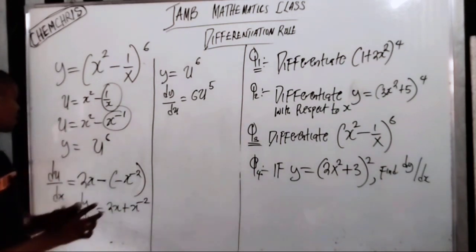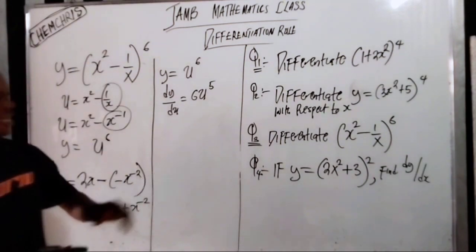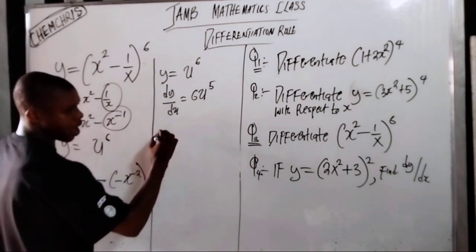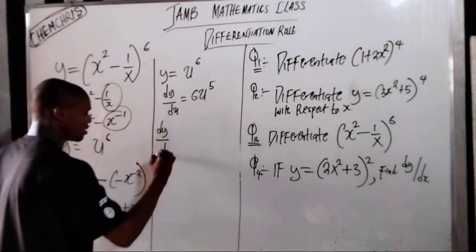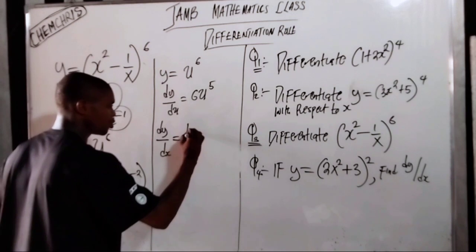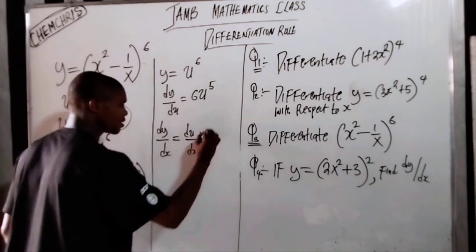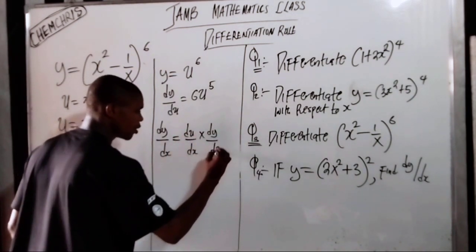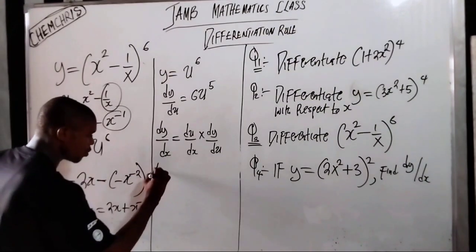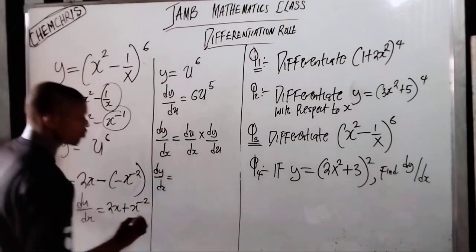So I've gotten the two of them. Remember, dy over dx is equal to du over dx times dy over du, right?